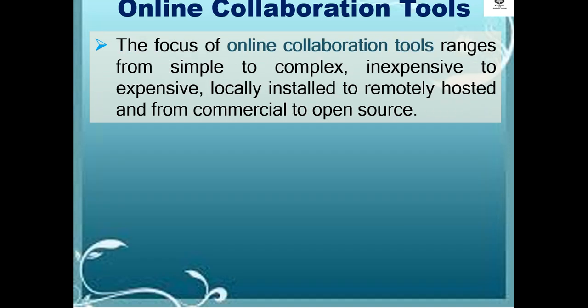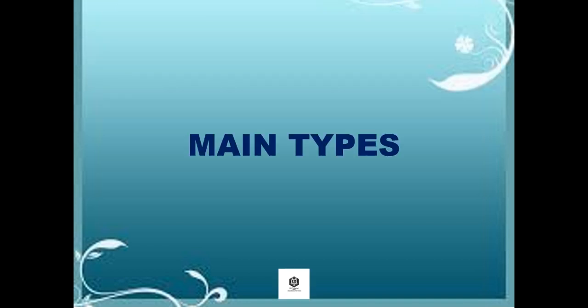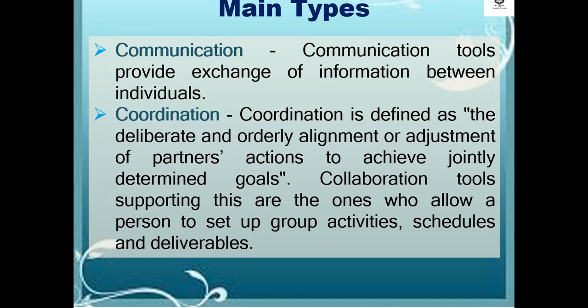The focus of online collaboration tools ranges from simple to complex, inexpensive to expensive, locally installed to remotely hosted, and from commercial to open source. There are main types of online collaboration tools. First, regarding communication.